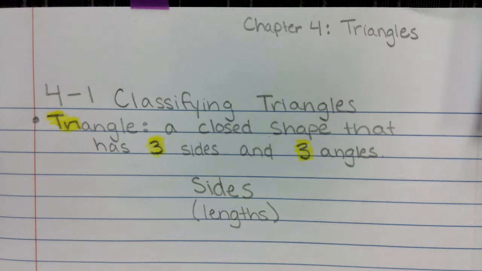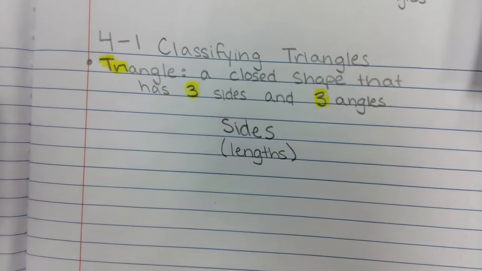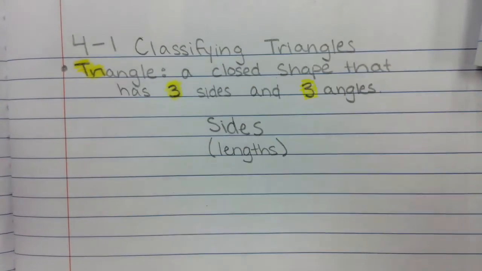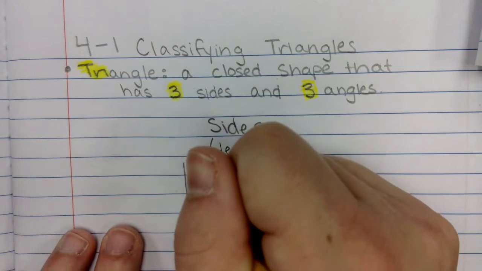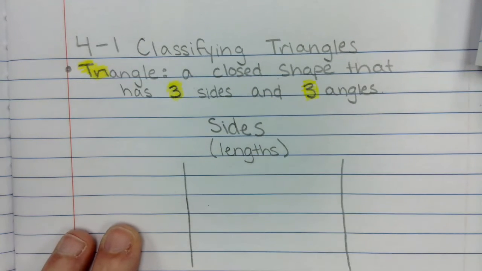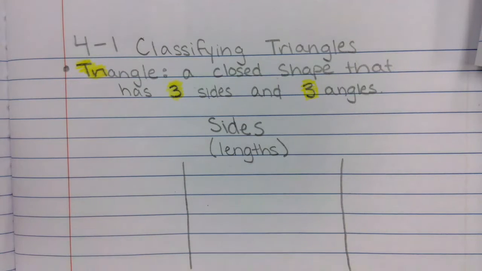All right, there are 3 different classifications here, so if you want to try and split your paper kind of into thirds. So we want 3 parts. Doesn't need to go down your whole page. We're just going to draw some pictures, show what they mean.